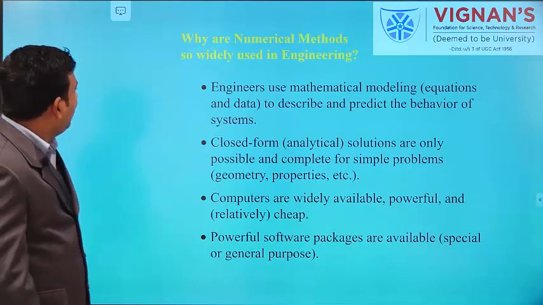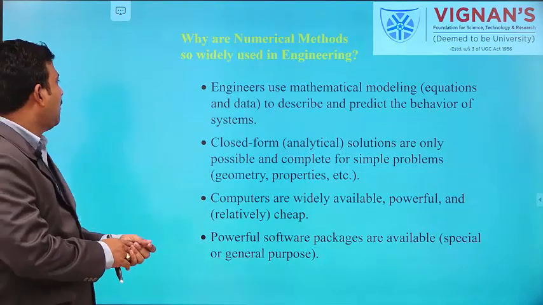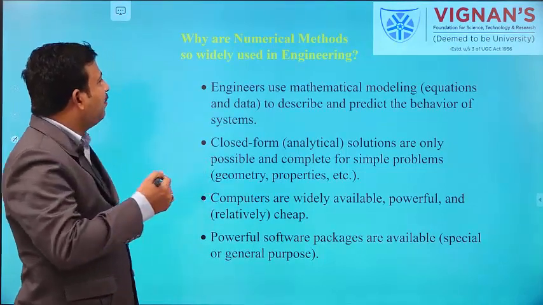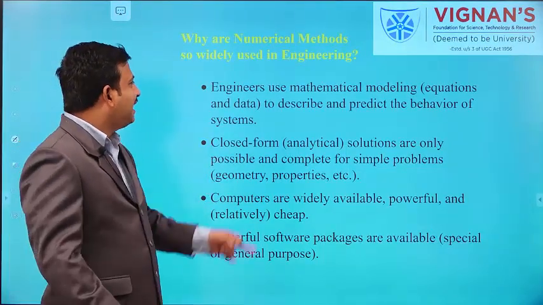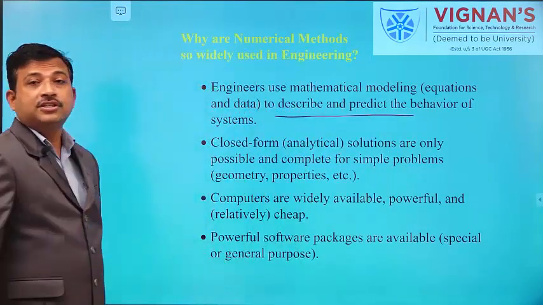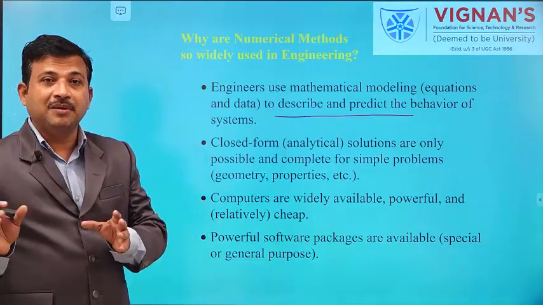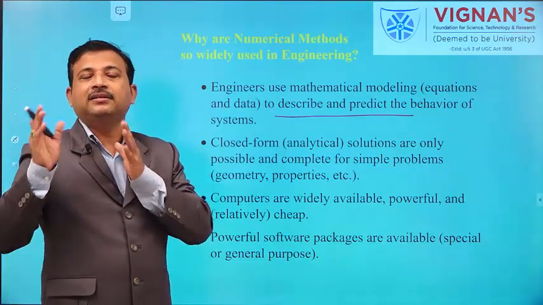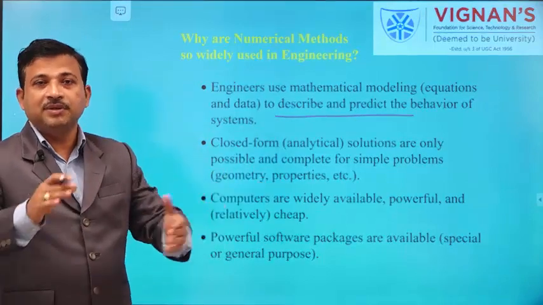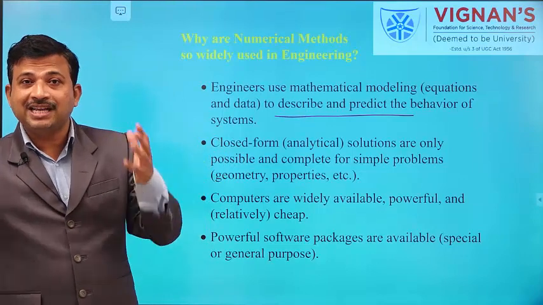So why are numerical methods so widely used in the engineering process? Engineers use mathematical modeling to describe and predict the behavior of a system, how it behaves from time to time. So they test it by taking the time variation, convert all the variations to equations, and solve them, to see whether it deviates from the exact solution or not.